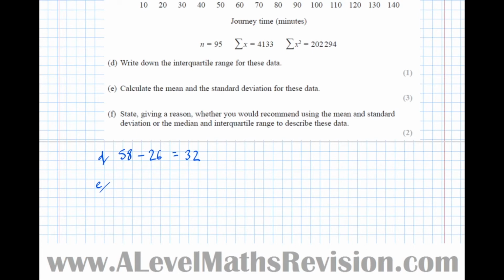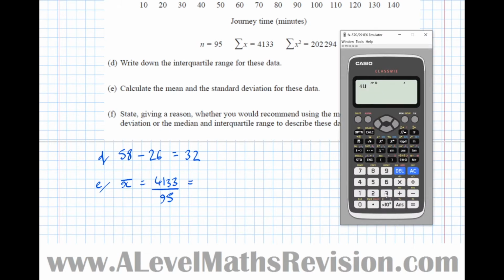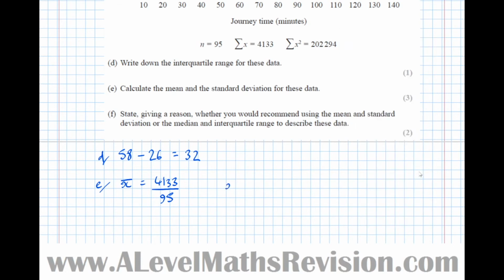Part E, calculate the mean and standard deviation for these data. Okay, so the mean, x bar, equals 4133 over 95. Let's see if that gives a nice number, which it doesn't, so that's the mean. x squared bar, the mean of the x squareds, equals 202,294 over 95.